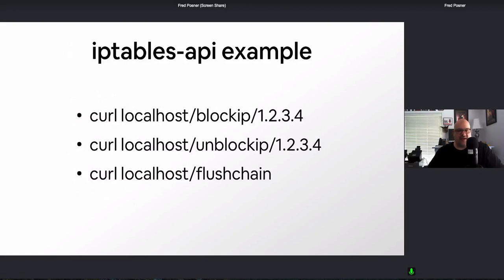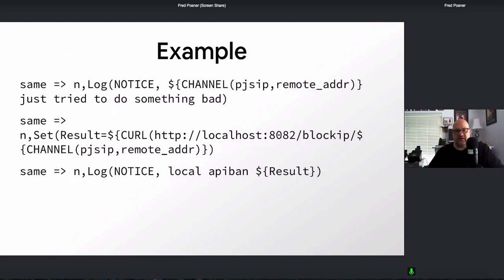An example of how you might use this in Asterisk using PJSIP would be, wherever you have international calling or something, you might say, look, this IP, and I could use the remote address channel from PJSIP, just tried to do something bad.